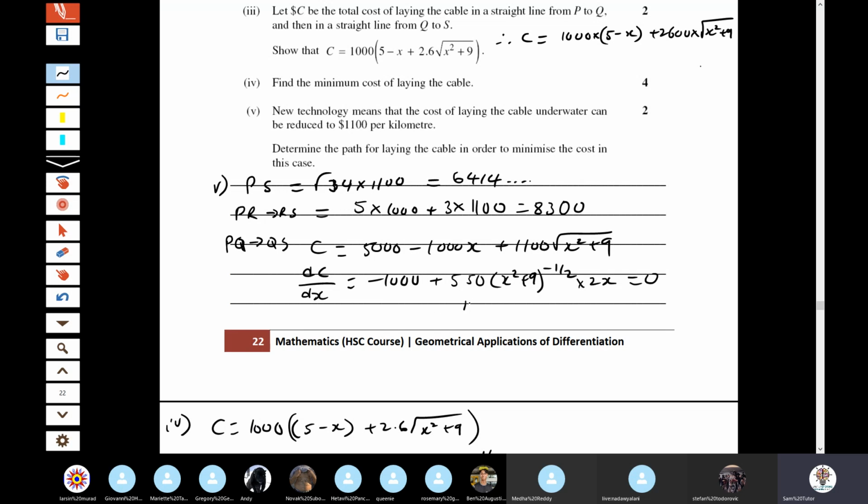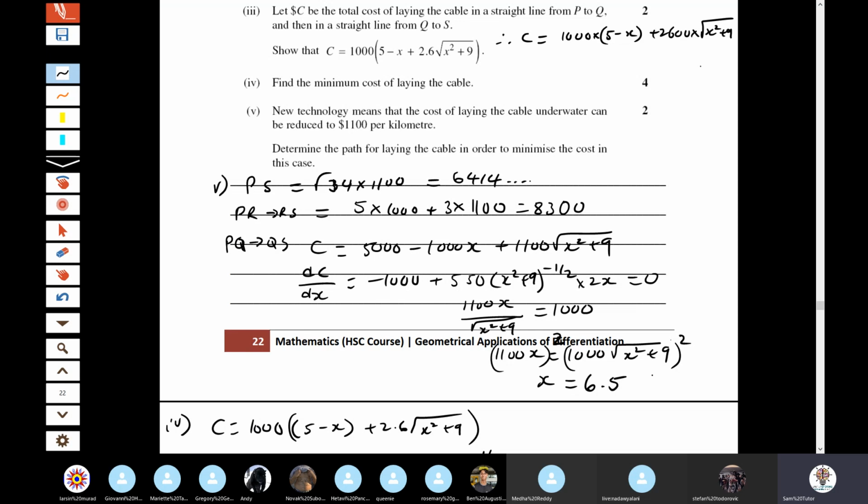And then we have 1,100x over the square root of x squared plus 9 equals 1,000. Bring it over. Square it. And what should happen, I'm just going to fast forward, is you're going to get x is 6.5.